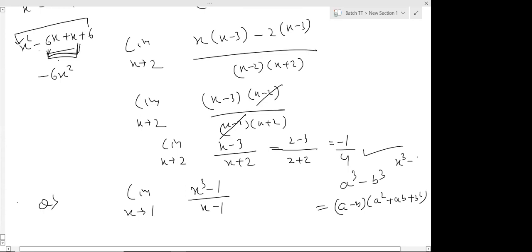So a cube minus b cube, you can write like this. So what is the value of a? X. What is the value of b? 1. Just put the values here. We'll get the answer. All right, Sahel. I'll try again once. All right, Kinza. Yes, sir, done. What is the answer? 3. Very good.